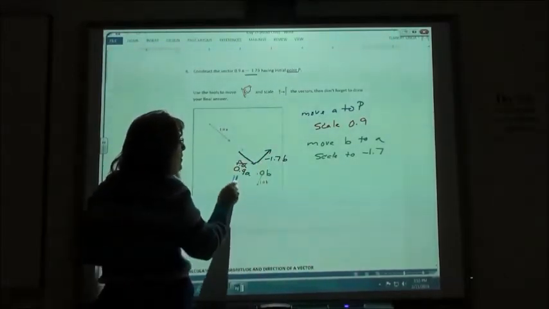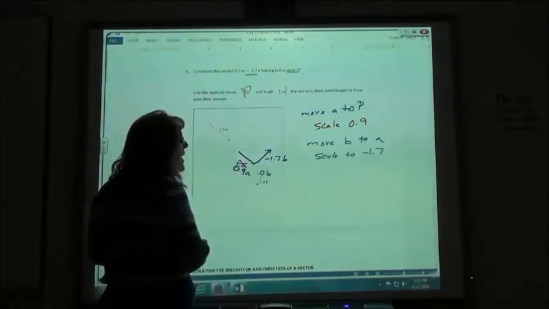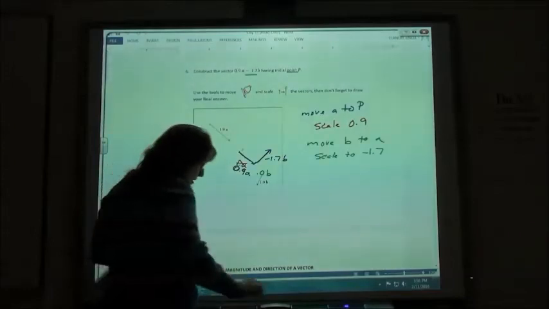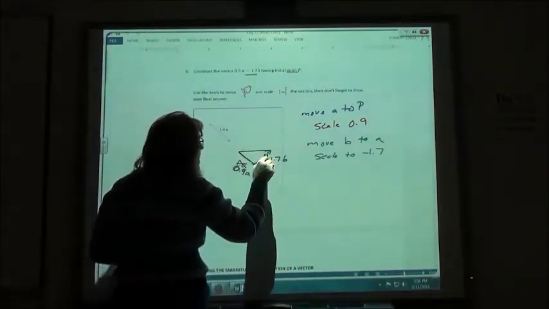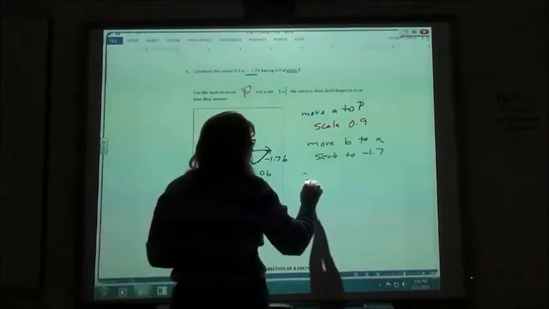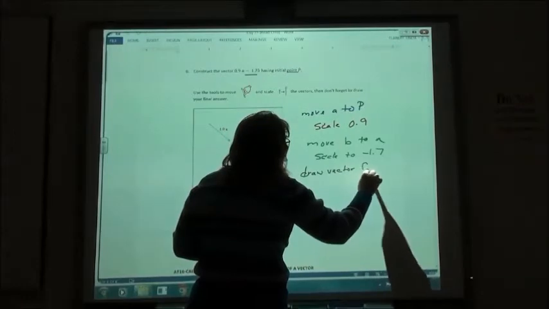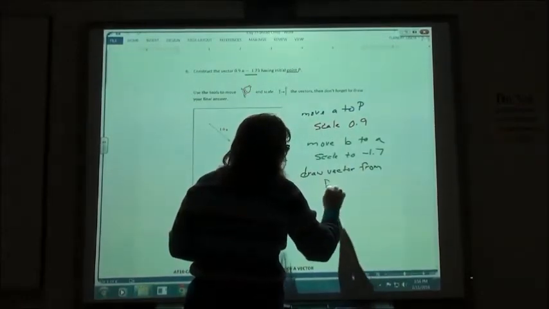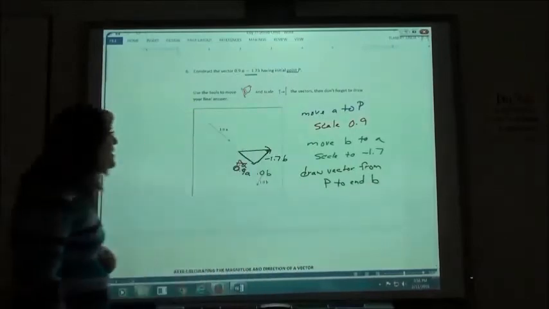This is going to be labeled 0.9A. This is going to be labeled negative 1.7B. Once I have those two vectors, I'm just going to draw from P to the end of B. And that's how you do those.